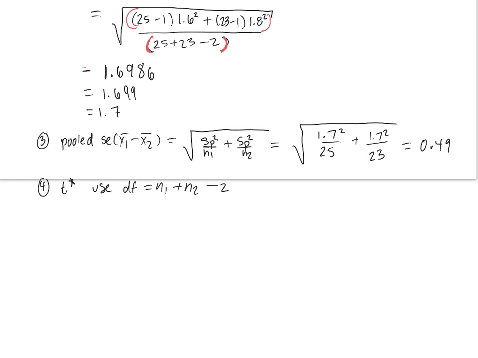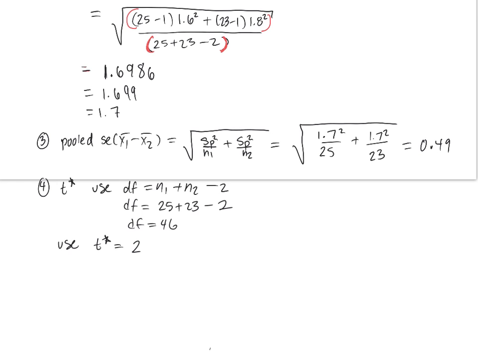So our degrees of freedom in this case, what's the N1? 25 plus 23 minus 2 gives us 46. And at that stage, can we use a better multiplier? We could use T star equal to, well, you can just say T star is 2, right?